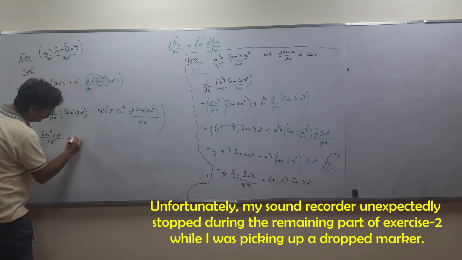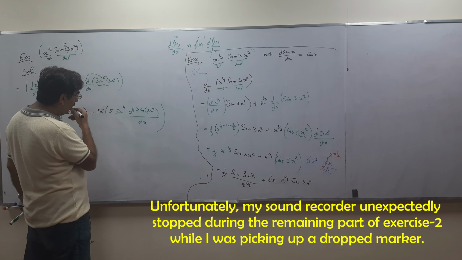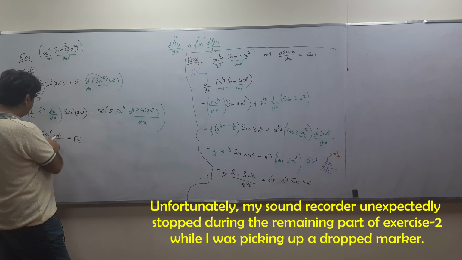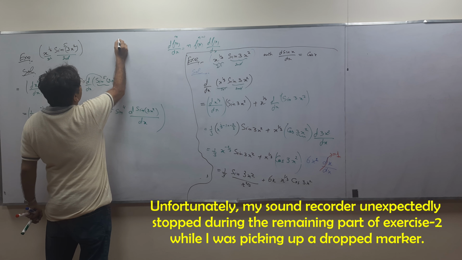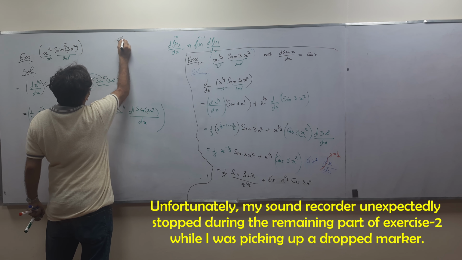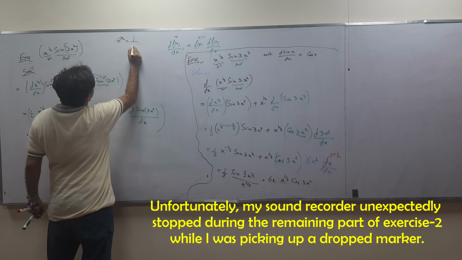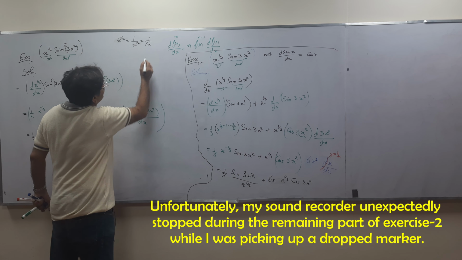Plus square root of x, x raised to power minus 1 by 2. It will shift to the denominator. Negative sign means a negative power will become a denominator. x to the power minus 1 by 2 may be written as 1 over x to the power 1 by 2, and that is the square root of x.